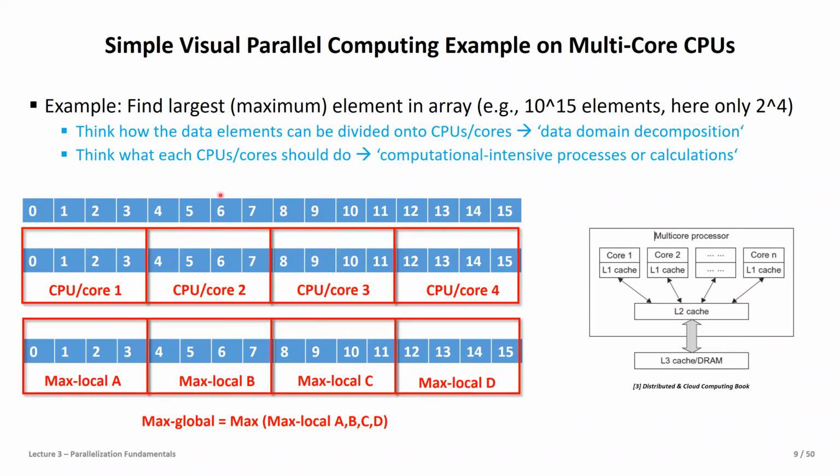We decompose the domain into different cores, or CPUs. Then for each of them we solve the problem locally, which is the maximum of this local array, and the same here, and here, and here. In the end, we just report the global maximum from all of these four.